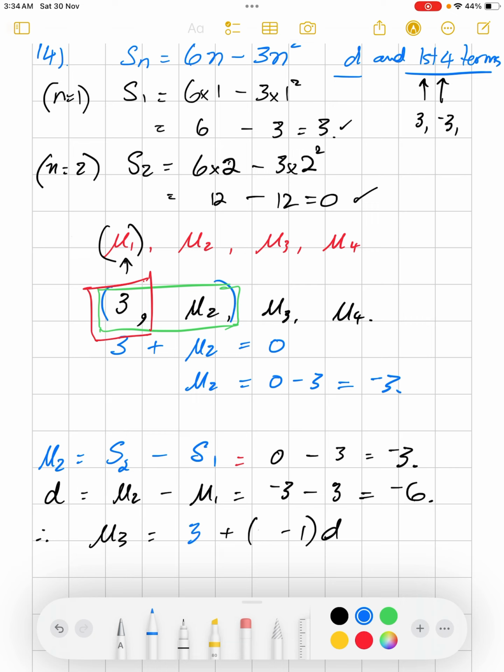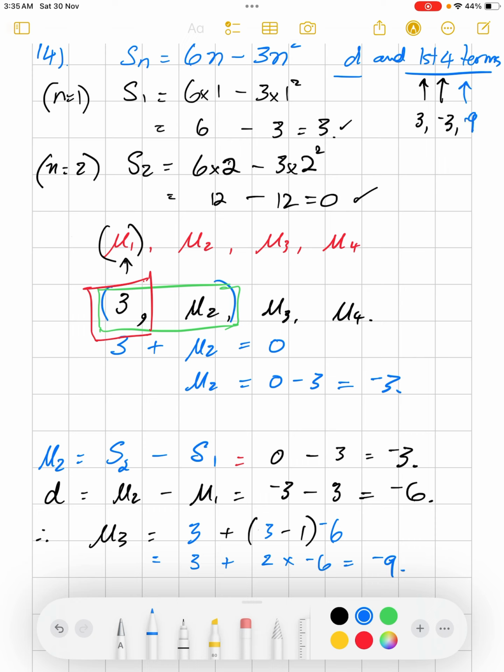Here we've got the third term, and here we've got lots of 6, negative 6. 3 plus 2 lots of negative 6 is 3 plus negative 12, which is negative 9. So we've got negative 9.